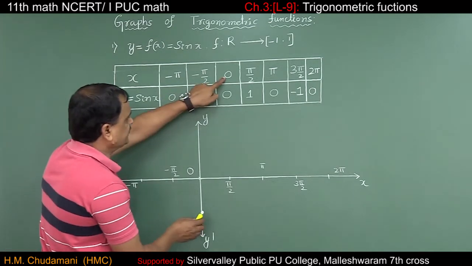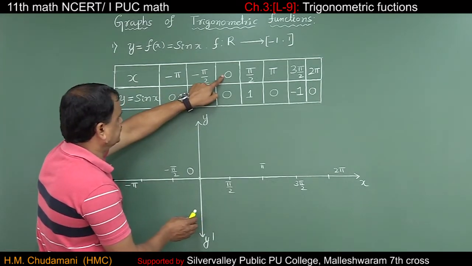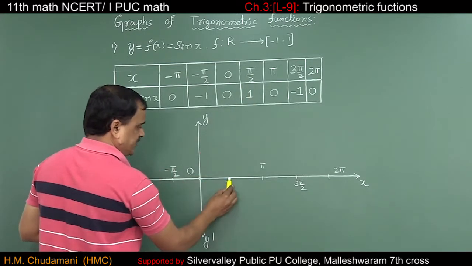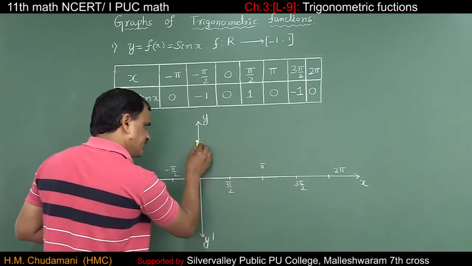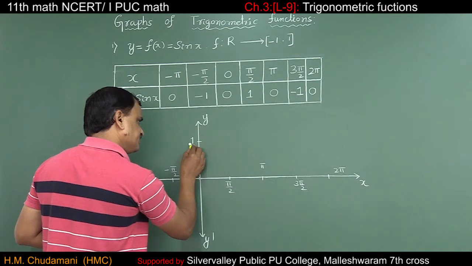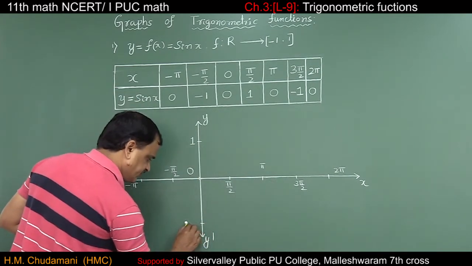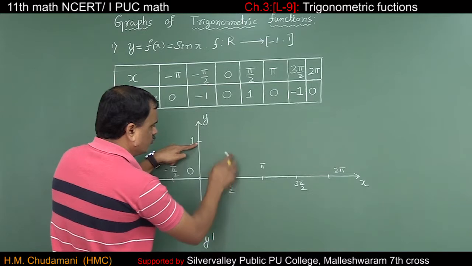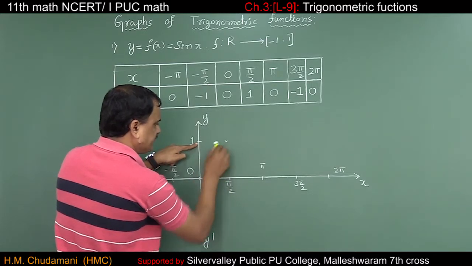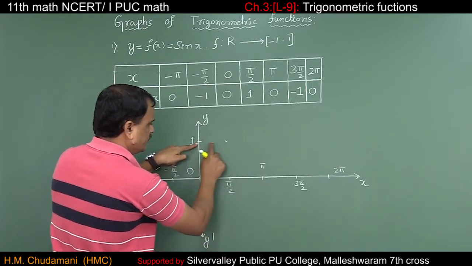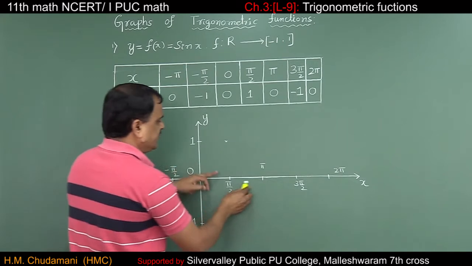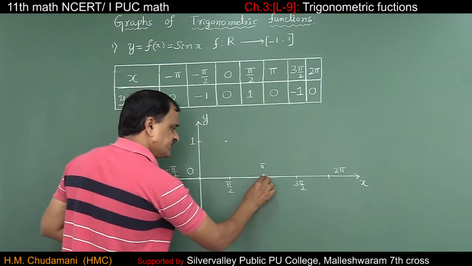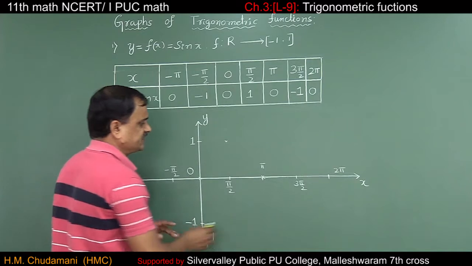See, sin 0 is when x equals 0, y is also 0. When x is equal to pi by 2, y is equal to plus 1. Say this is plus 1 and this is minus 1. When x is equal to pi, y is 0. This is another point of intersection.